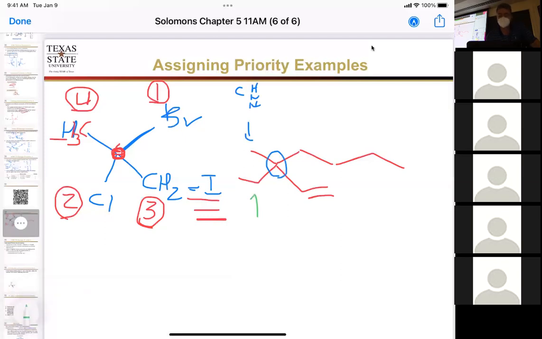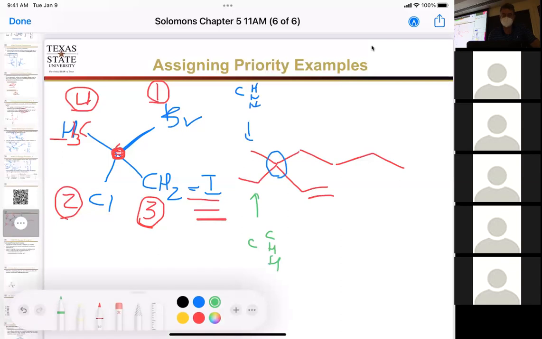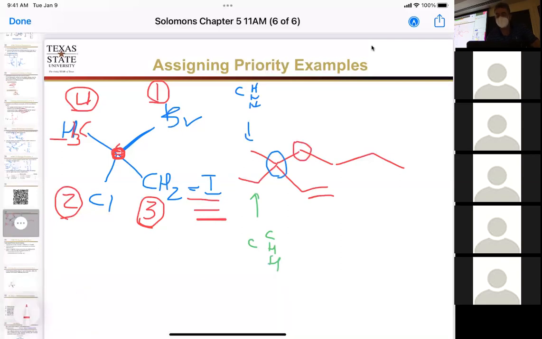This one right here is going to be a C. This C right here is a CHH. This one here is going to be this carbon has a carbon, a hydrogen, and a hydrogen. And this last one here has, let's see, a carbon, and a hydrogen.